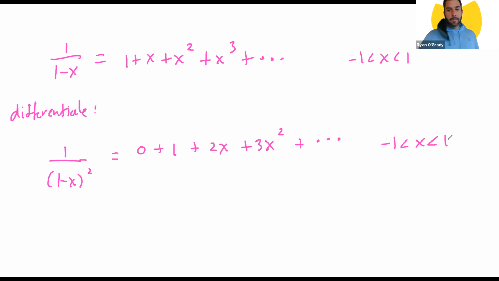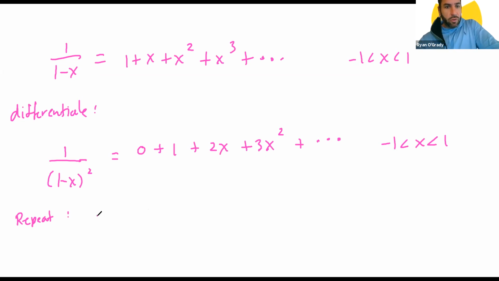This time you have to repeat the differentiation. So let's repeat. You could think of this as 1 minus x to the power -2. When you differentiate it, or you can use the quotient rule, doesn't matter, you get -2 times everything.